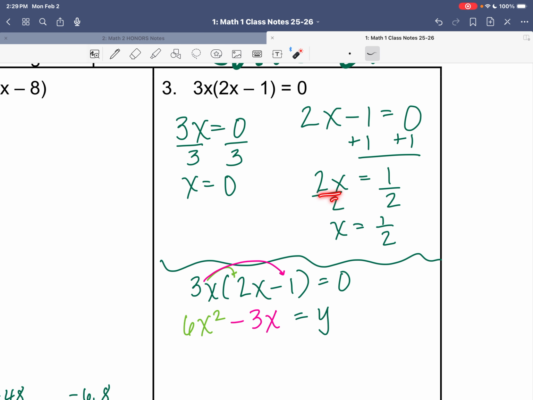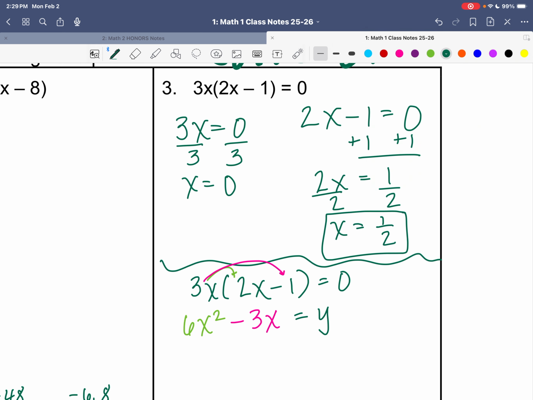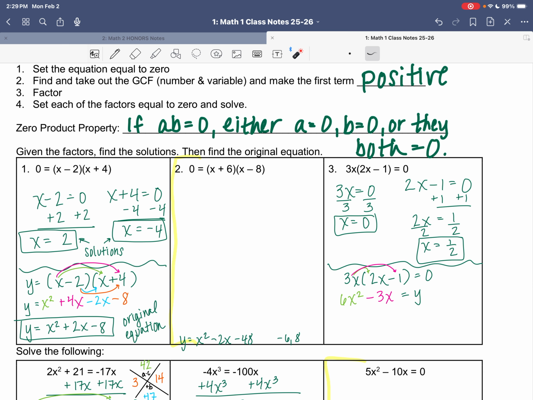And remember, we're dividing both sides by 2, and x is 1/2. So these, oops, I forgot to box those. These are the solutions. And then to get your original equation, you just distribute. So this was the original.